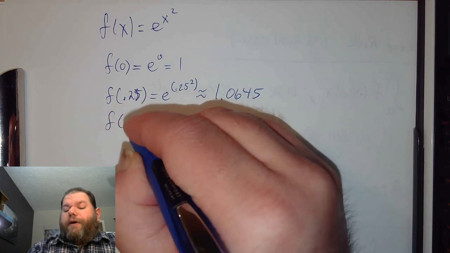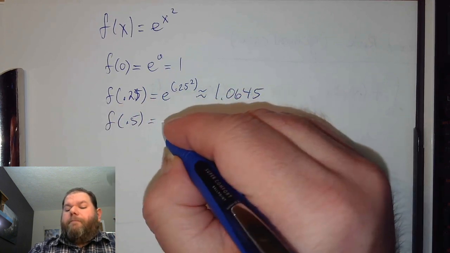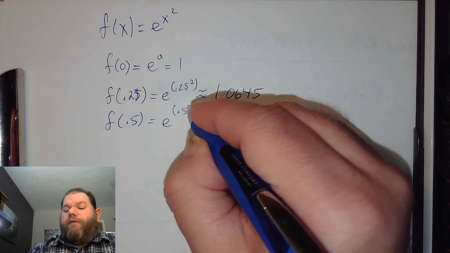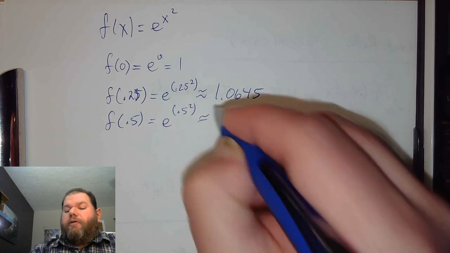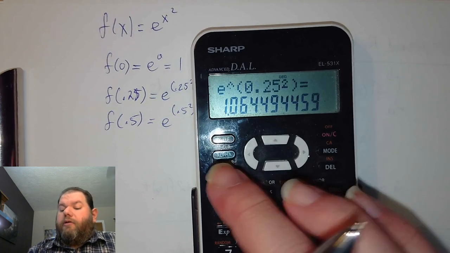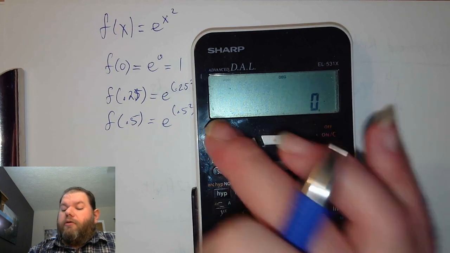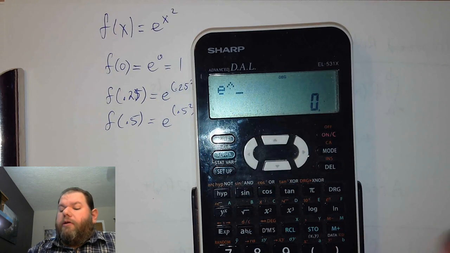F of 0.5. That's e to the 0.5 squared. E, parentheses 0.5 squared.